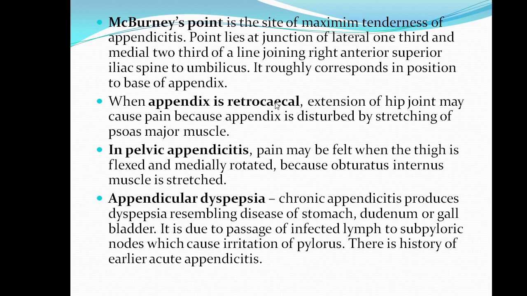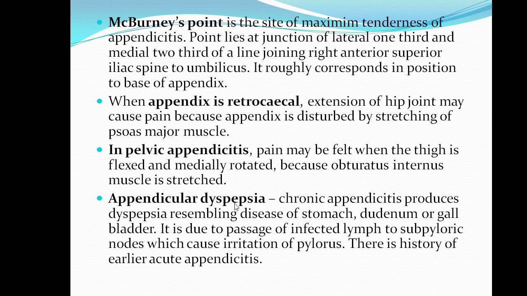When the appendix is retrocecal, extension of the hip joint may cause pain because the appendix is disturbed by stretching of the psoas major muscle. In pelvic appendicitis, pain may be felt when the thigh is flexed and medially rotated because the obturator internus muscle is stretched.